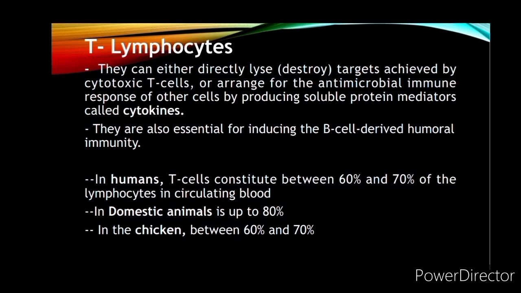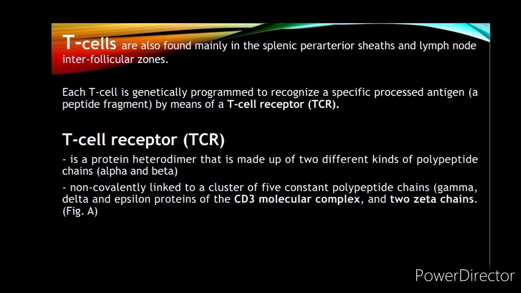In humans, T cells constitute between 60% and 70% of the lymphocytes in circulating blood, and in domestic animals, it is up to 80%. In the chicken, T cells constitute between 60% and 70% of the total lymphocyte population. Besides blood, T cells are also found mainly in the splenic periarterial sheaths and lymph node interfollicular zones.